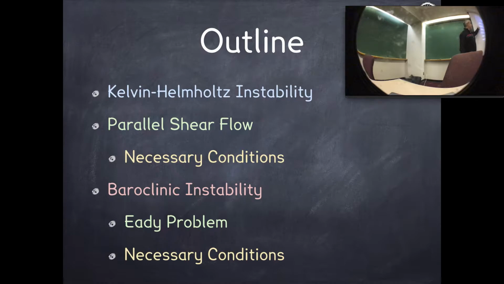So this is kind of a 1D problem. This is sort of a 2D problem. This is a 3D problem. So we're building up in complexity of the geometry we're considering as we go. And then the ED problem will be one that we're going to talk about, and then necessary conditions is a theme that comes in from instability.